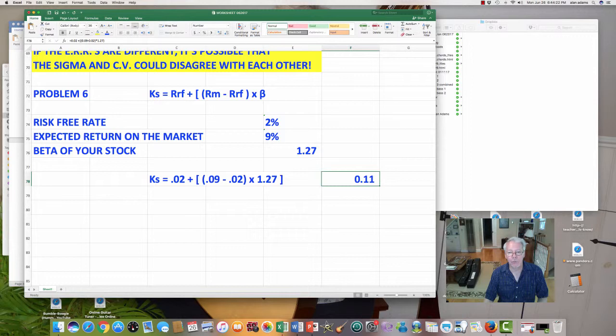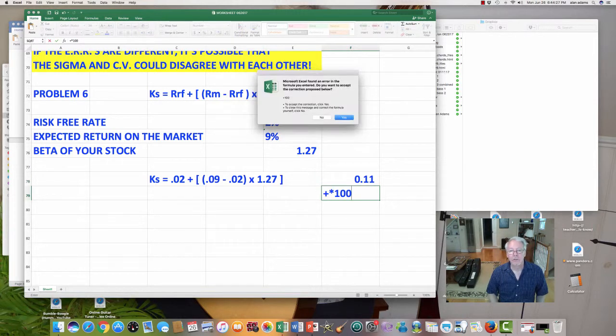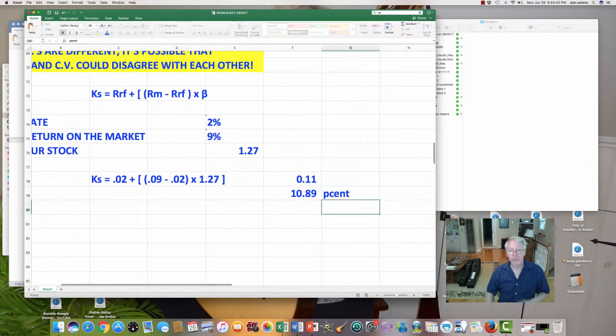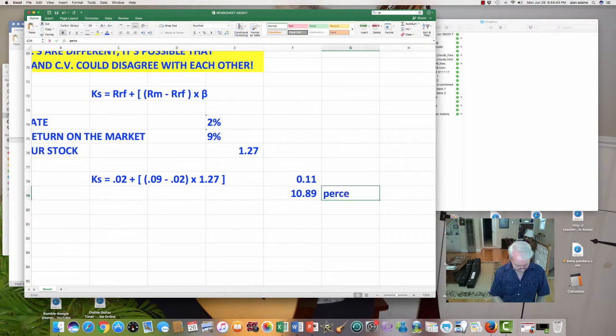I'm just going to multiply that by 100. Let's take that number times 100. And I get 10.89%. That is my answer.